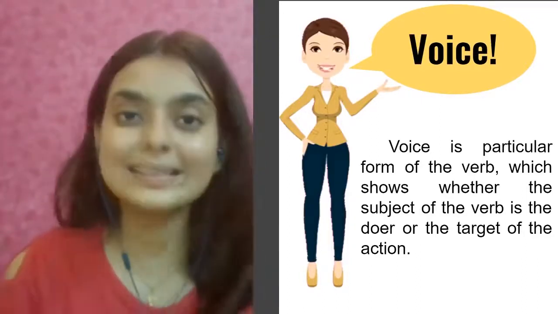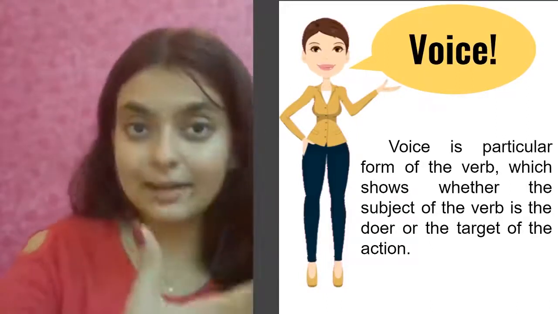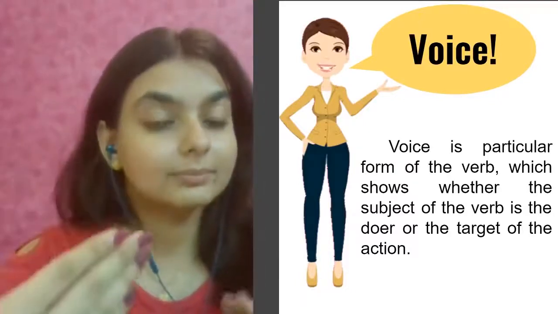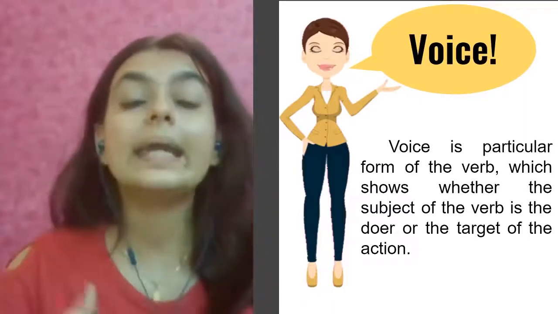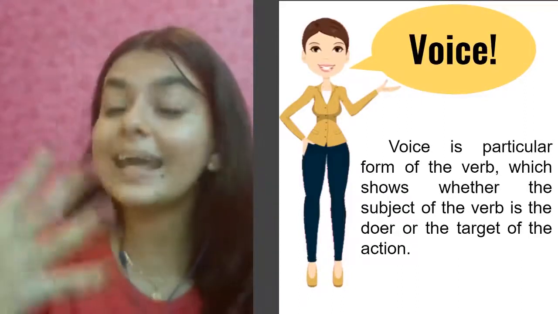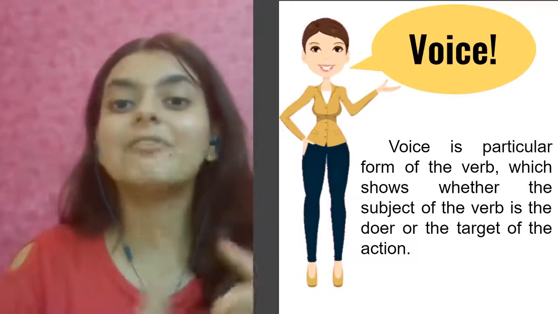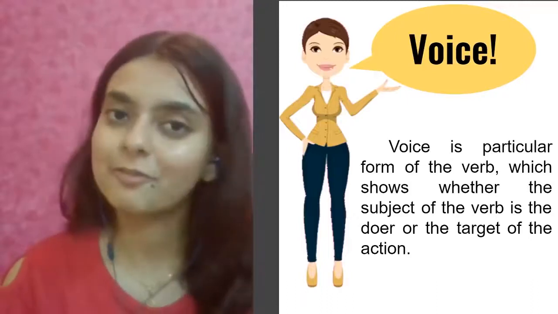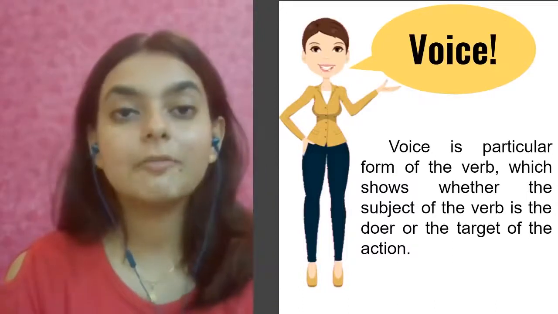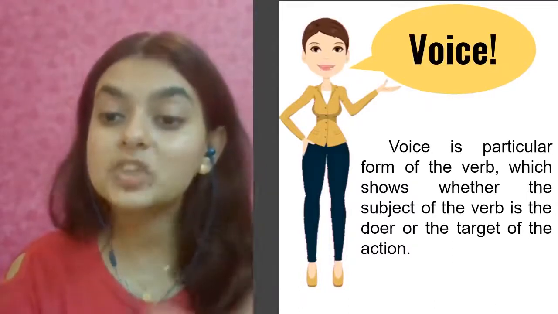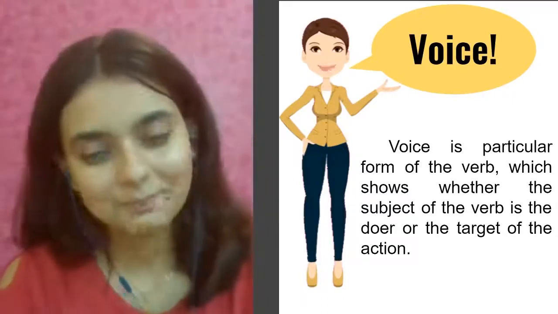Voice helps us understand whether the subject is active, in the initial position, the doer of the action, or the passive recipient. That is a particular form of the verb which shows whether the subject is the doer or the receiver.